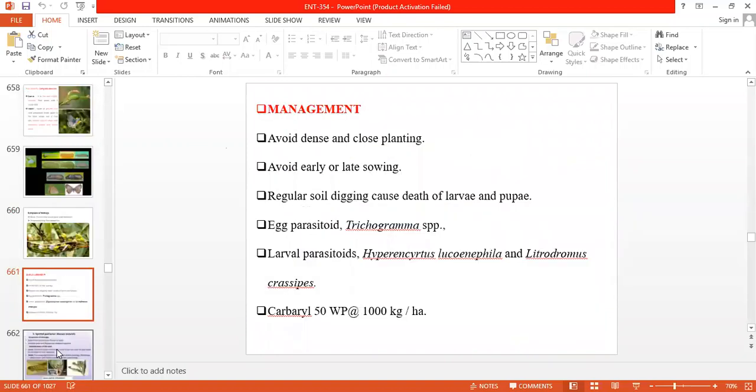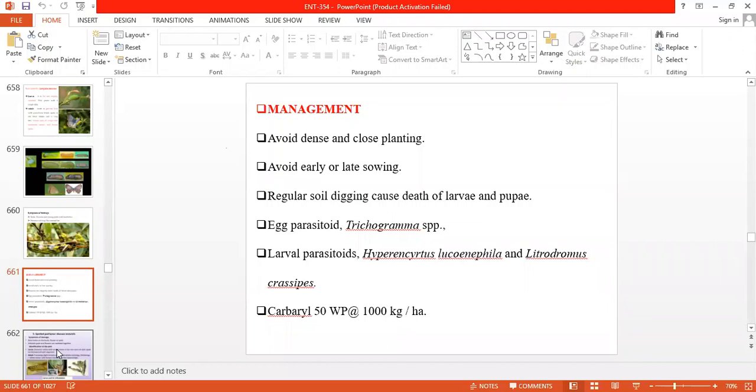Management practices: avoid dense or close planting, and avoid early or late sowing. So timely sowing is an important practice for the management of blue butterfly. Regular soil digging causes death of larva and pupa. The egg parasitoid Trichogramma species should be released.